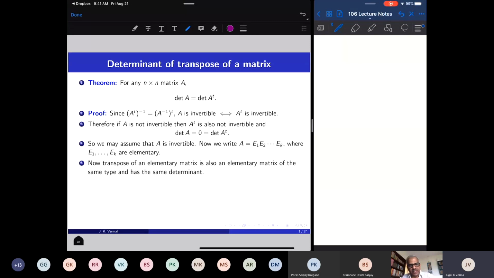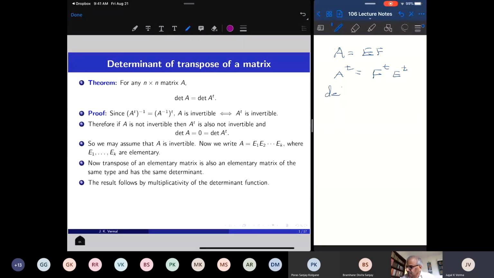Now, an invertible matrix is a product of elementary matrices, and therefore we will now prove the result for arbitrary invertible matrices. But we know that determinant of product is product of determinants. So suppose A was a product of 2 elementary matrices, E and F. Then A transpose equals F transpose times E transpose.